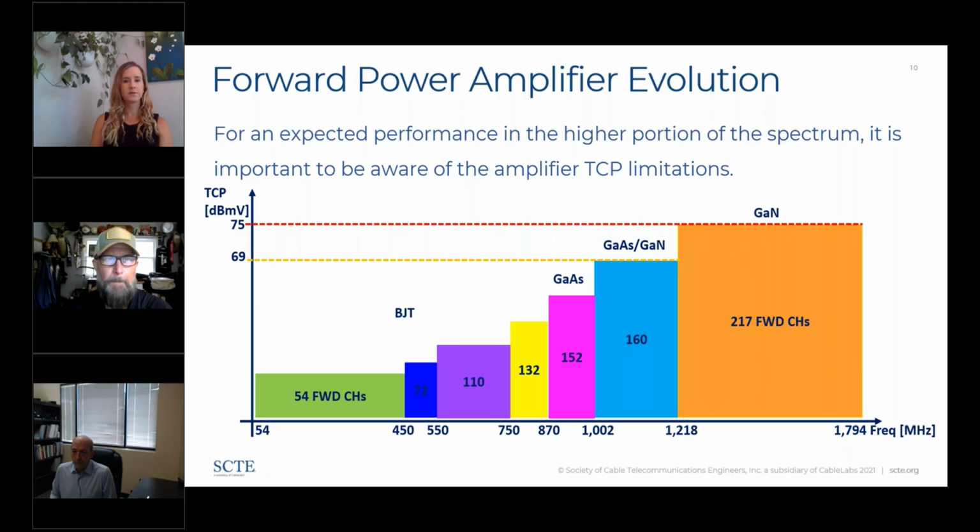As we increase the bandwidth, amplifiers need to operate at higher frequencies, so we need to be really cognizant of amplifier TCP limitations, or total composite power, for unexpected performance. So we can see in this graph that in 1.2 amplifiers with 69 TCP, now we're pushing that to 75 in the 1.8s, and it's really close to the compression region of the semiconductor.